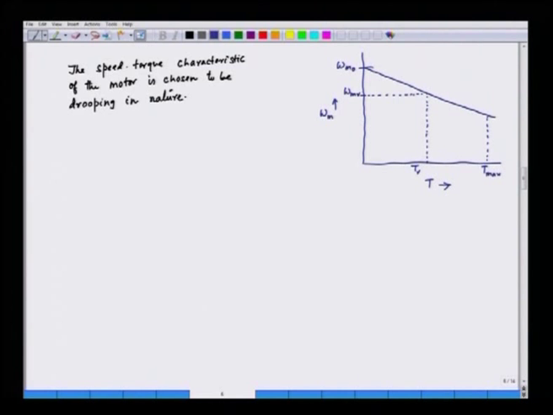So, in this case we can find out the equation of this speed torque characteristic, and the equation is as follows.